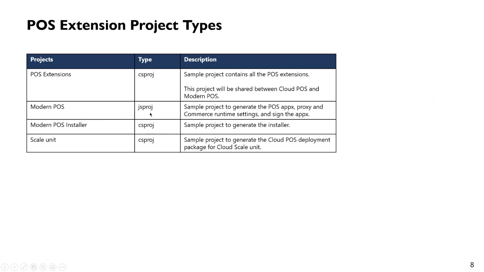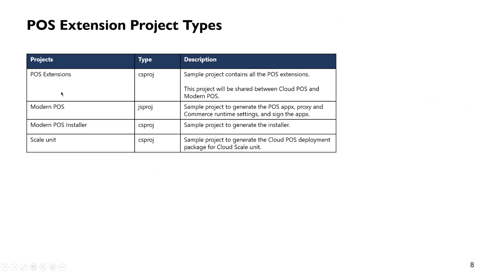Now the Apex file is created. How will I deploy it? That's a third project. You're going to create the installer project, just by consuming the installer package I showed in the previous slide. Even for this Modern POS JS project, you will still consume the same .pos package, and for the installer, you will consume the installer package. So for Modern POS, it's just 3 projects you need to create.